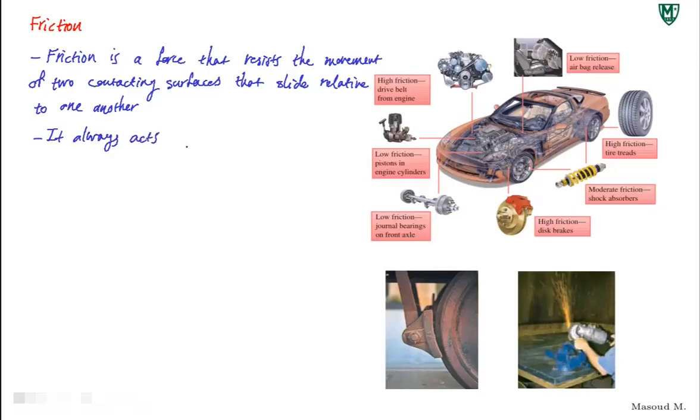So friction always acts tangent to the surface at the points of contact. You'll see it could be more than one point. So that's the line of action.